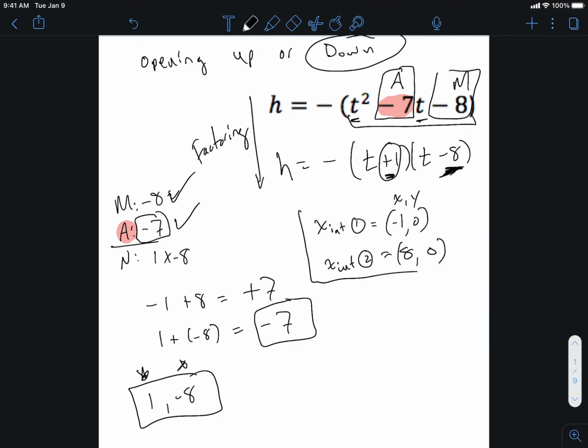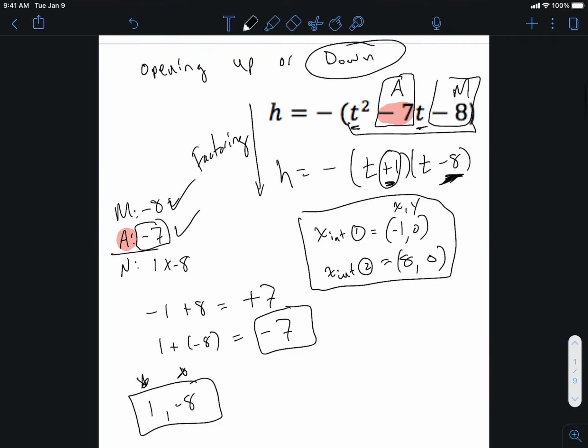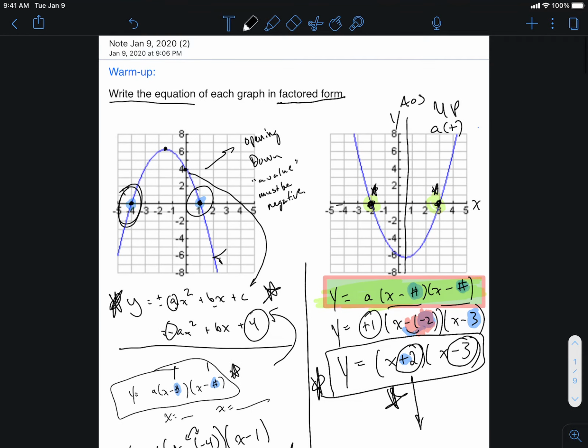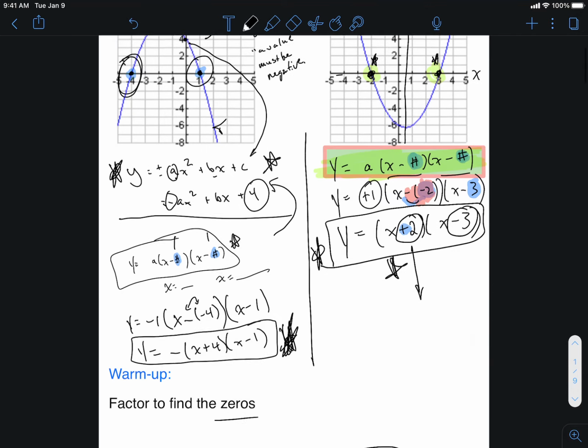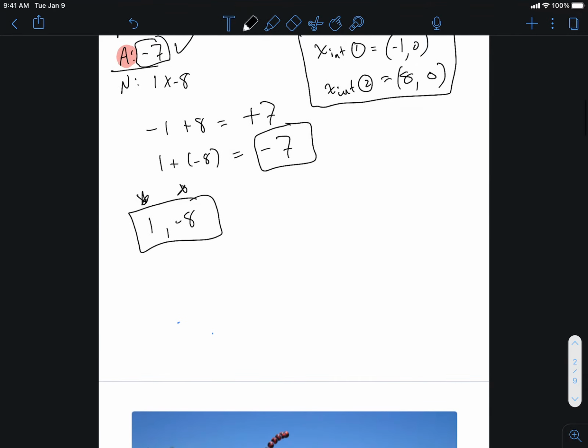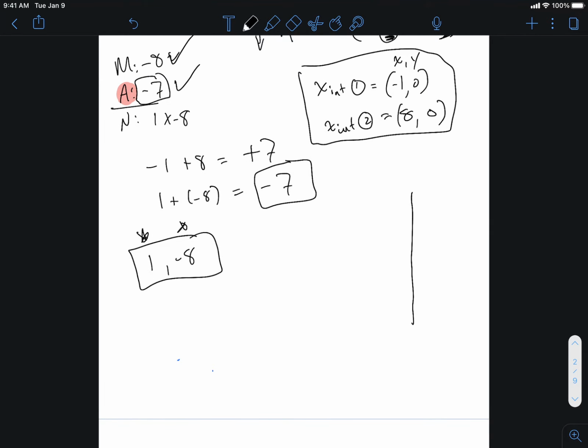You could now go plot these 2 points on your grid, say for instance, somewhere along here, right? If I were to sketch this, let me make one side bigger than the other. You could plot the point -1 and 0.